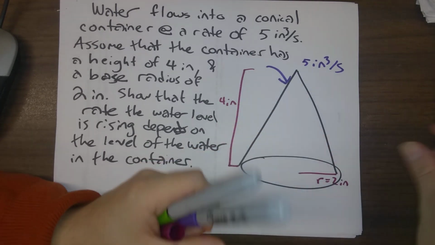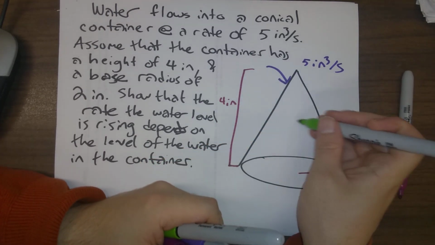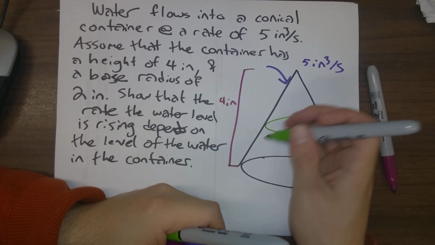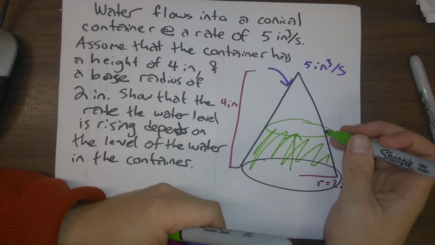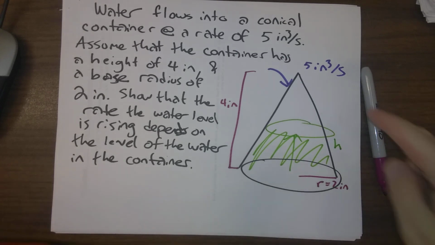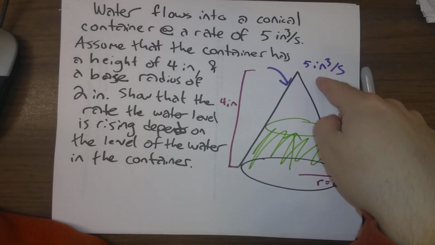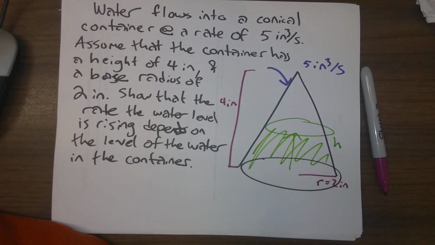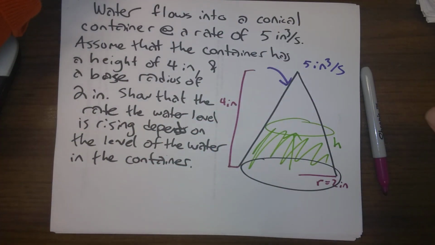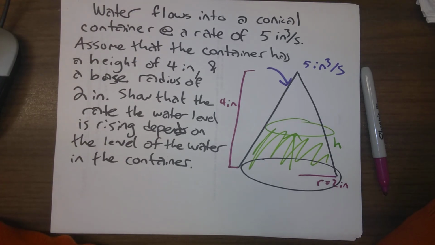And so our question here, once again, is, let's say that here is our water level. Let's call this h here. The question is, as we're putting in 5 cubic inches per second of water, how fast is the height of our water level inside our container changing? So note that this is a different problem than before.